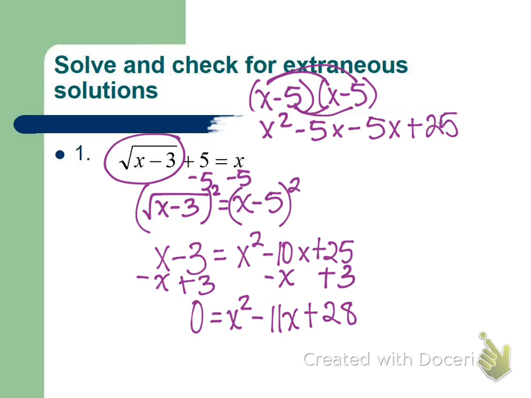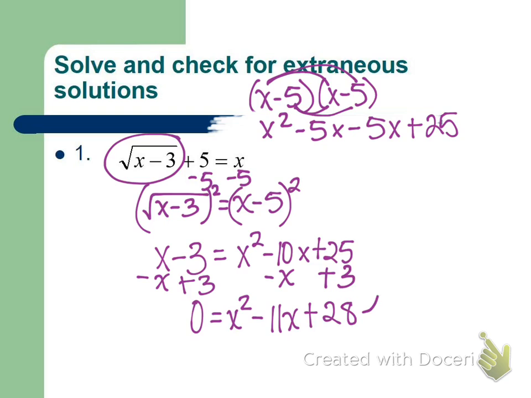All right, the last thing that we have to do is solve that quadratic. There are a couple different ways we know how to do that. One of them would be the quadratic formula. The other one would be factoring. So Devin wants to do it by factoring, it seems.